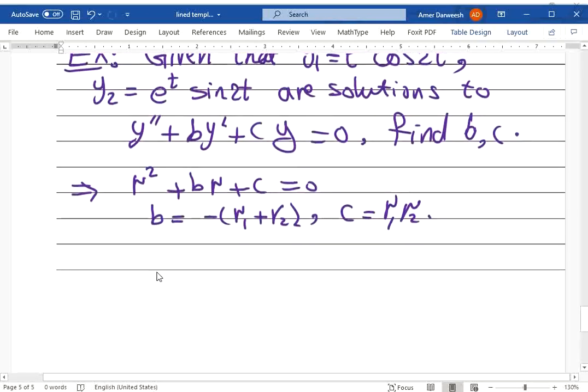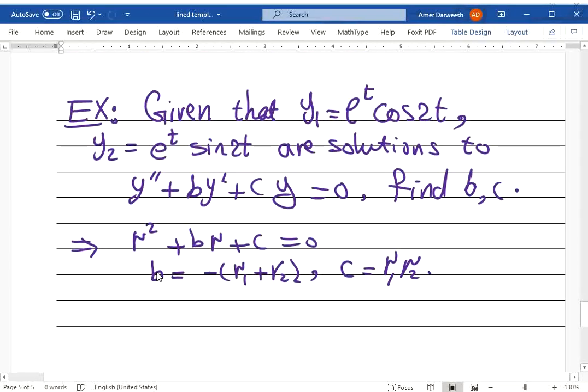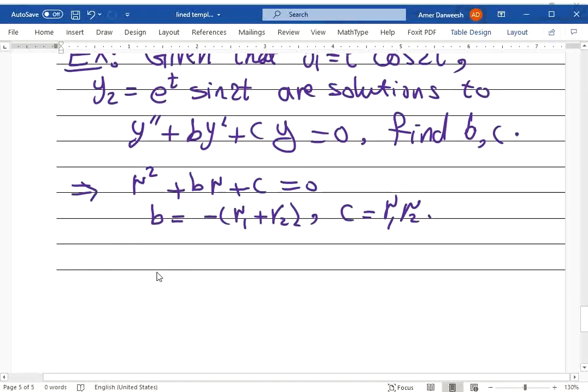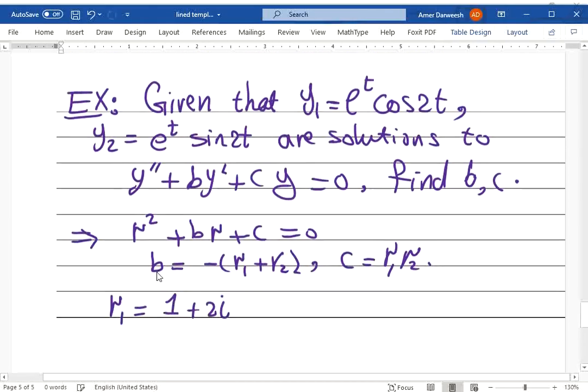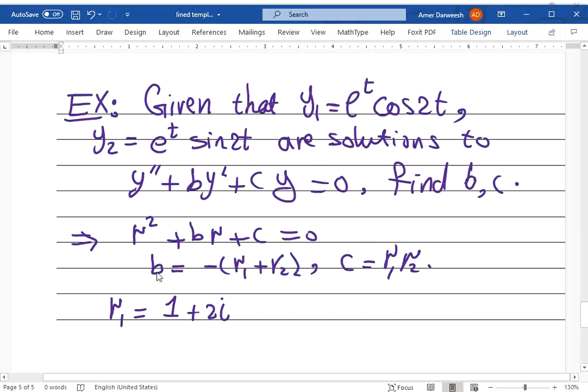either real or complex. In this case, because I have e to the t cosine 2t and e to the t sine 2t, the roots are complex, so I can guess the first root to be 1 plus 2i. 1 is the real part, which is the coefficient of t in the exponential, and 2 is the coefficient of t in the sine or cosine, and the conjugate other root is 1 minus 2i.